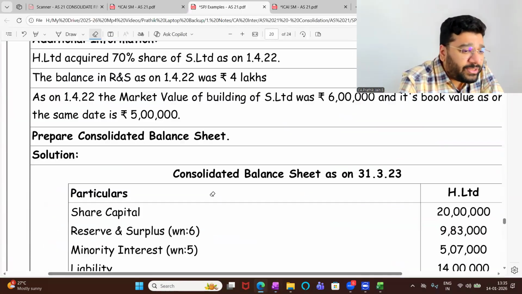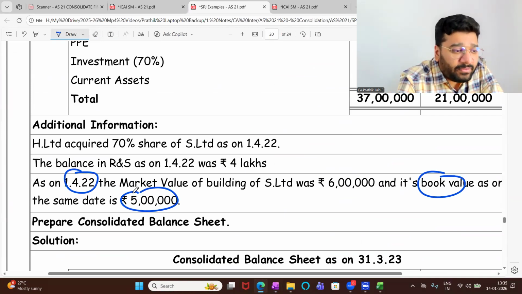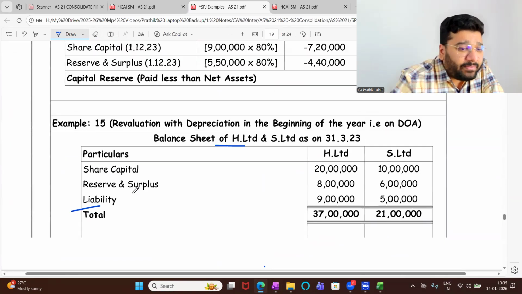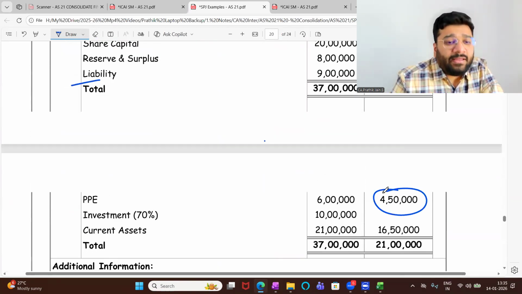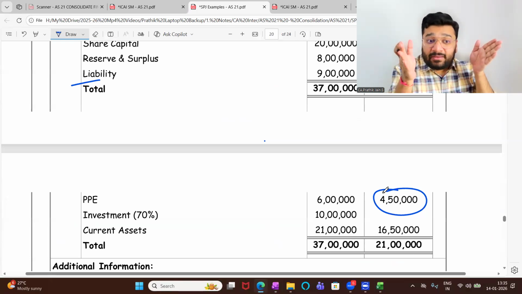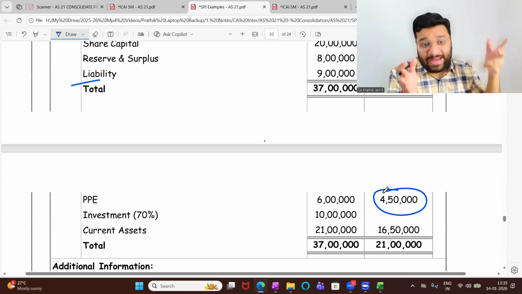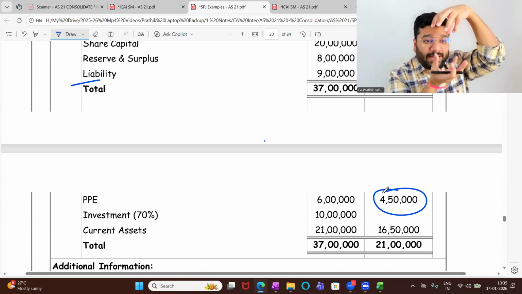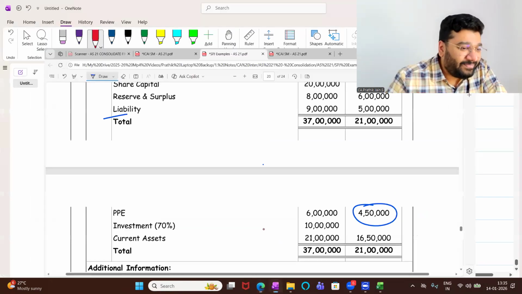Yes, sir. In additional information, book value is 5 lakh. 31st March 23, S Limited, book value 450. 5 lakh to 450. Depreciation how much? 50,000. Got it, sir. 50,000 on what? 5 lakh. 50,000 upon 5 lakh into 100. 10%. Sorry, sir. Thank you, sir.